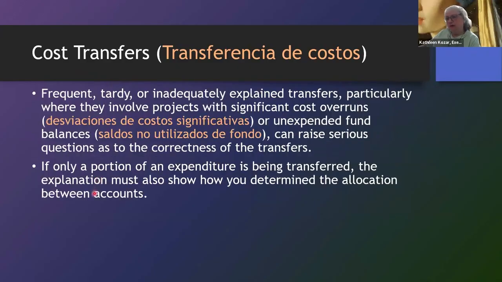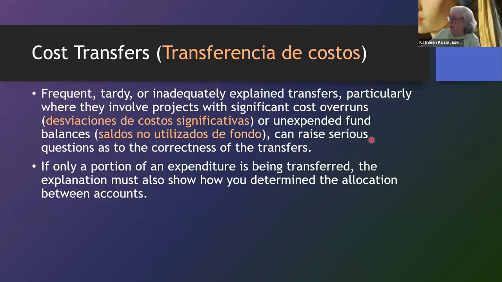So here are some red flags. These are something that you need to be aware of. If there's a high frequency of cost transfers, if they are late, if they are not explained well, particularly if you have a grant that is in a deficit in the account.